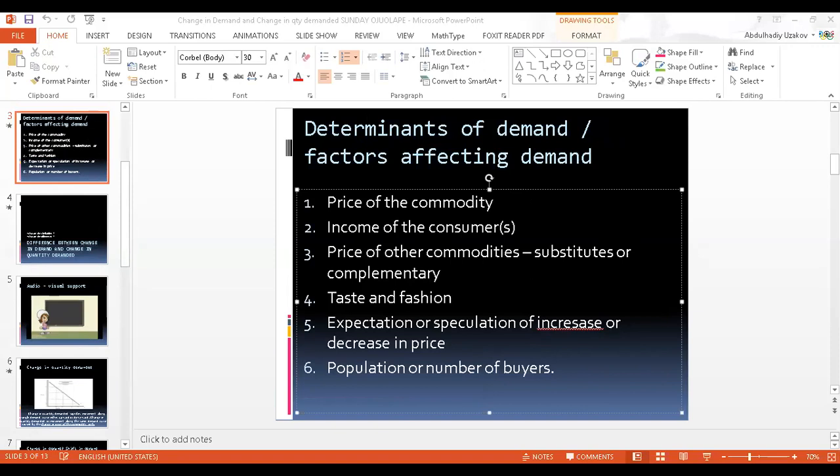Price of the commodity will only cause a movement along the demand curve.